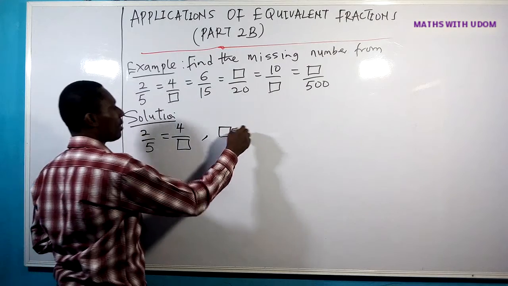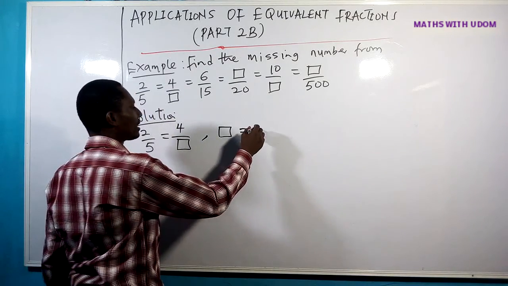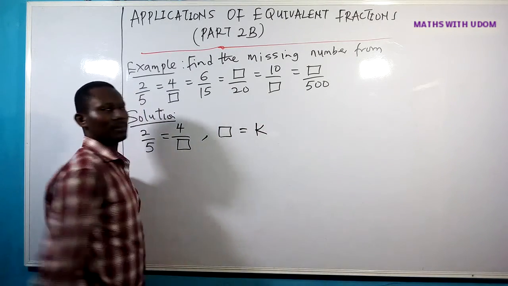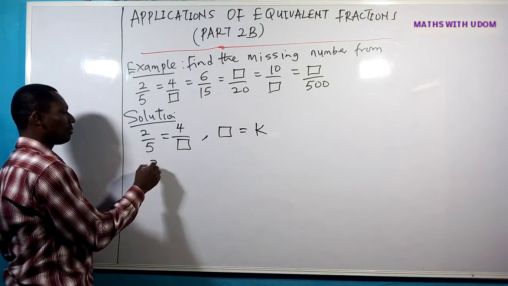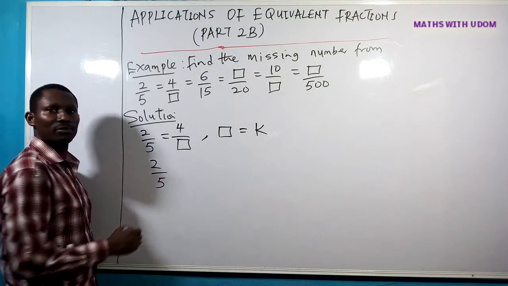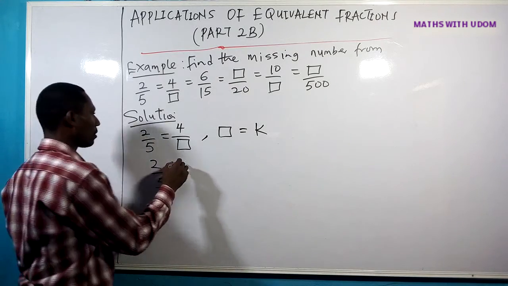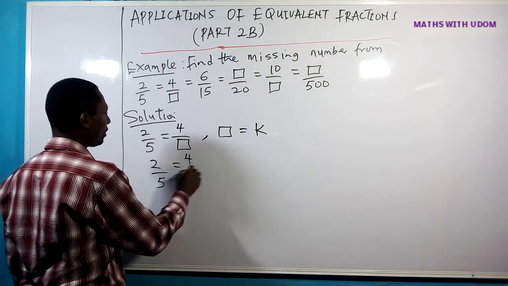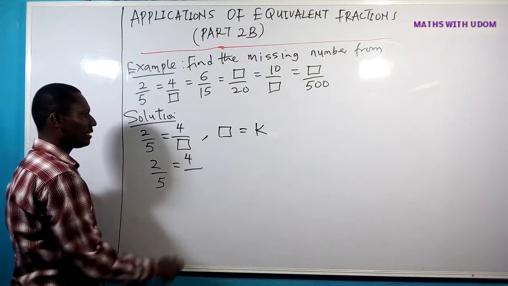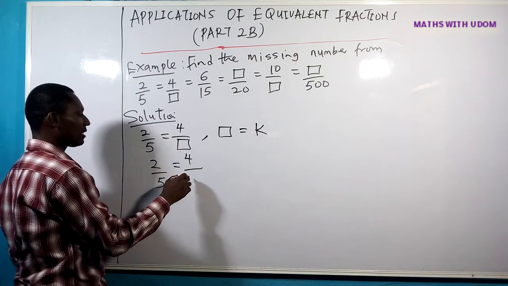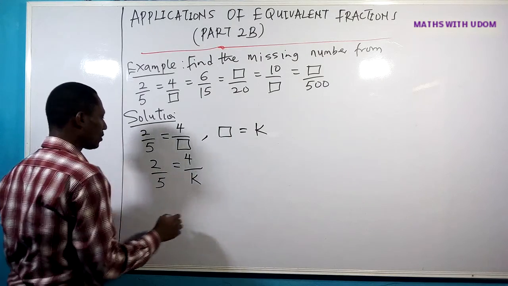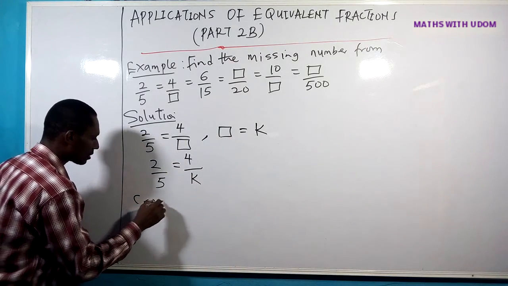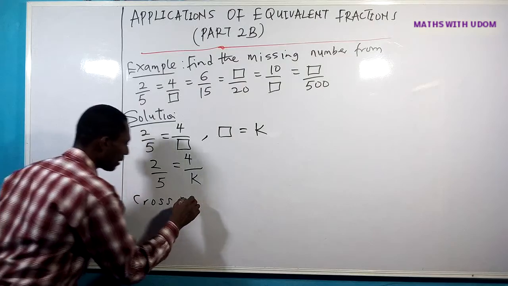Now, let my box be represented as K. Now anywhere I see box, I will put K. That will give me 2 divided by 5 equals to 4 divided by K. The box here is now represented as K. So from here, I will cross multiply.